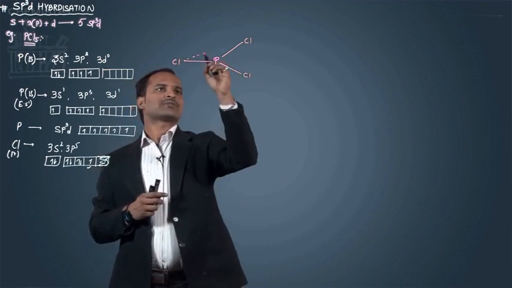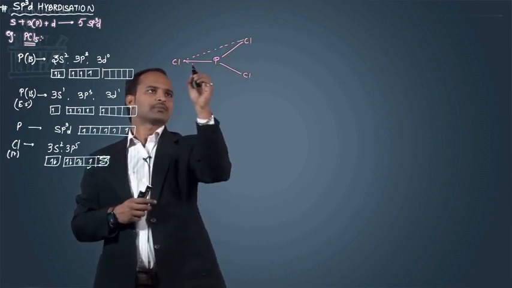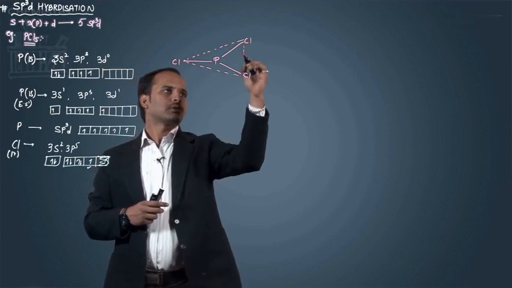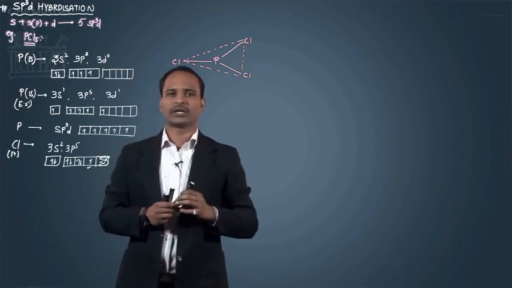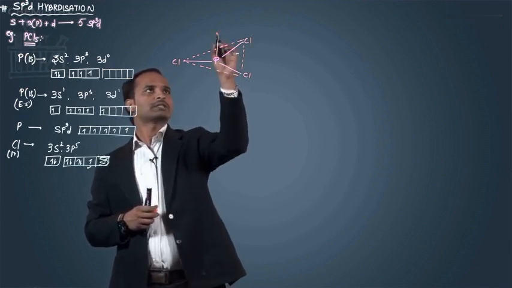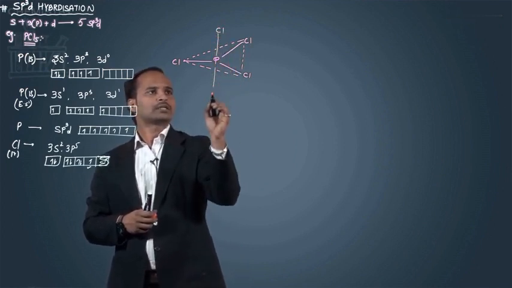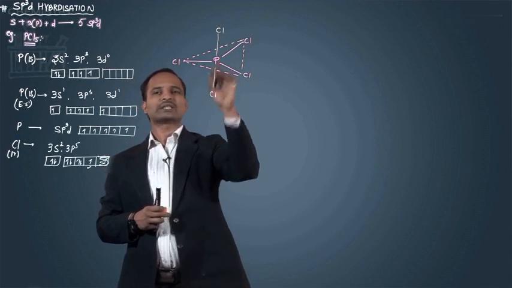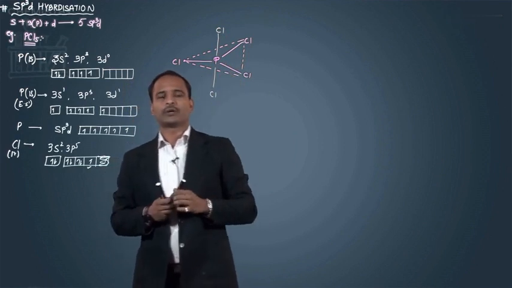So this is trigonal planar geometry, because these 3 chlorines are in the same plane. There are 2 more chlorines, one here and one here, and these 2 chlorines are perpendicular to the plane. Suppose this is a board: one chlorine is in front of the board and the other is behind the board, both perpendicular to the plane.